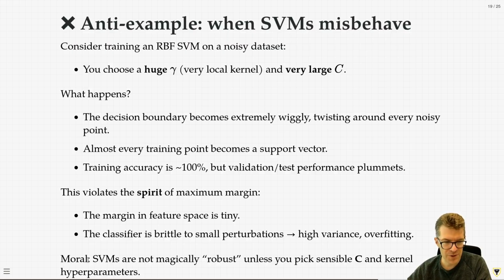The moral of the story, I should put this into a little box. The moral of the story is that support vector machines aren't magically robust. So even though support vector machines tend to be robust, you'll do a lot of experiments, and with SVMs you will usually have very good performance.